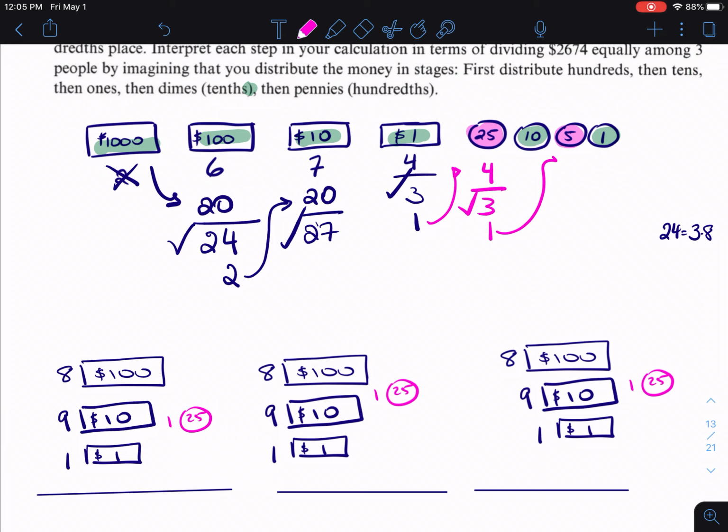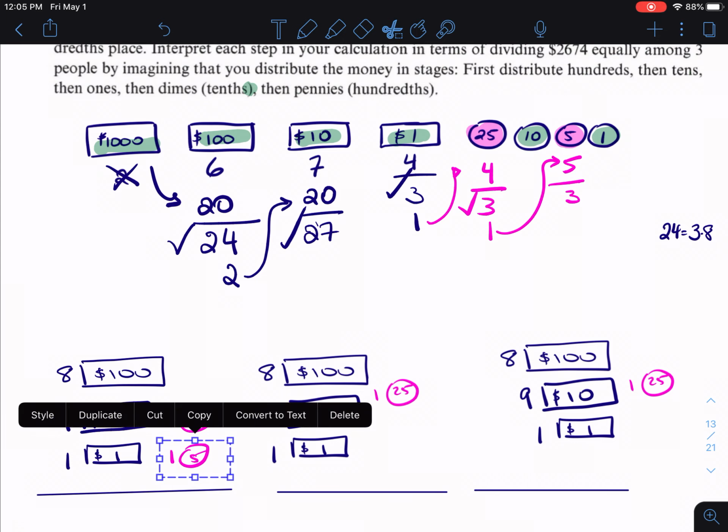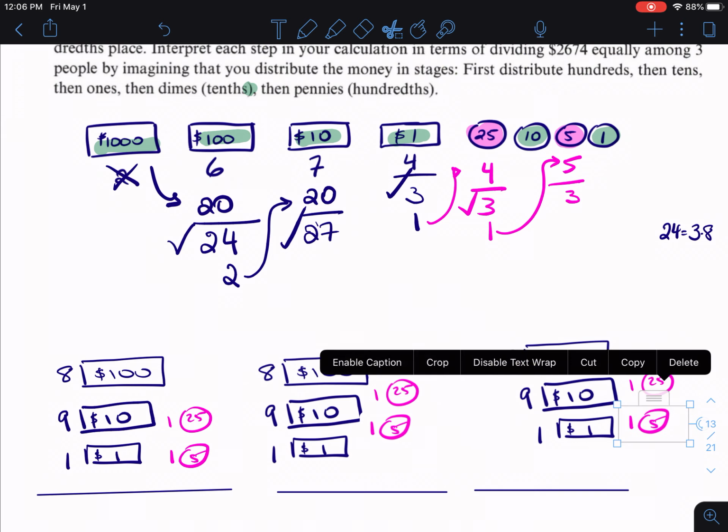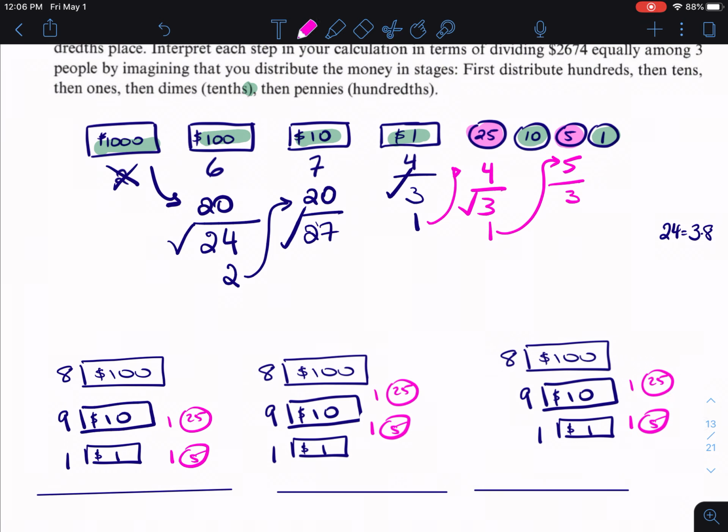So I could trade it for 5 nickels. And then I'd be able to split the 3 of them, so I'd have 1 nickel per person. Okay, so that's been split, and I'd have 2 nickels left.